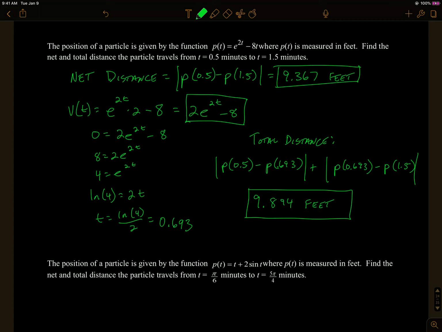Locate that x, and that is the spot in time in the interval where it changes direction, which seems to happen kind of right away because the interval starts at 0.5 minutes and it changes direction at almost 0.7. So it kind of goes a little bit in one direction and turns around right away and goes the other way.